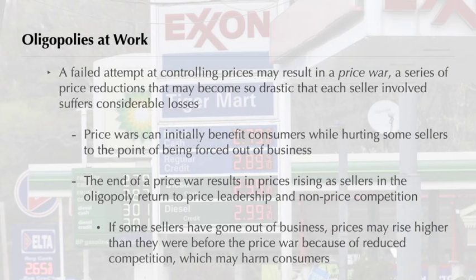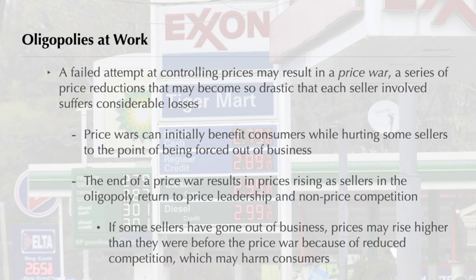A failed pricing policy may spark a price war, in which sellers aggressively undercut each other's prices in an attempt to gain market share. Price wars can initially benefit consumers by lowering prices. Some sellers, however, can be severely hurt by price wars. If this level of competition lasts a long time, a seller may lose so much money that it is forced out of business, something that has happened to some airline carriers in the United States, for example.